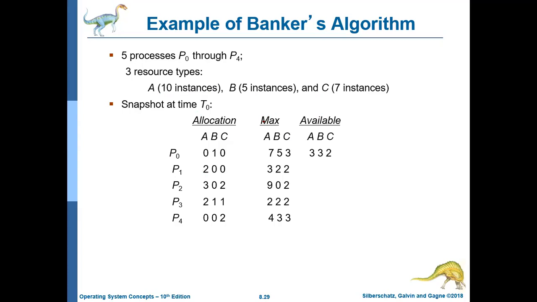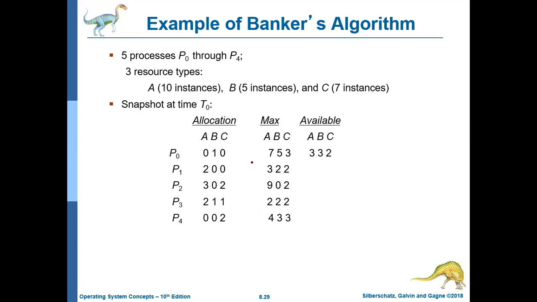Here we have given the maximum demand of any process. A process cannot demand more than these numbers. Process P0 can demand 7A, 5B and 3C at the max. P1 is having the requirement of 3A, 2B and 2C.